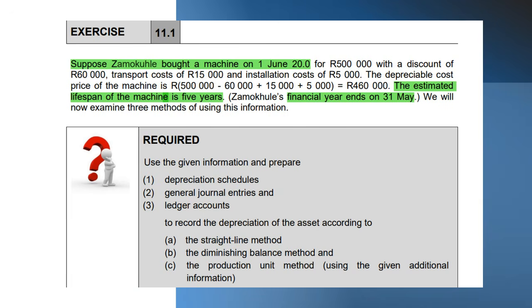So what is required of you? Use the given information and prepare depreciation schedules, general journal entries, and the ledger account to record the depreciation of an asset according to the straight line method, diminishing balance method, and the unit of production method, using the given additional information.